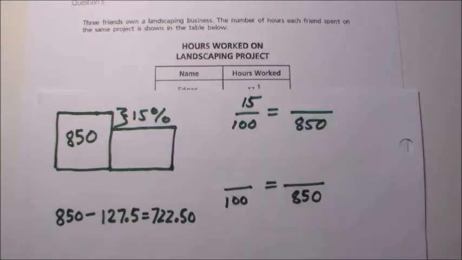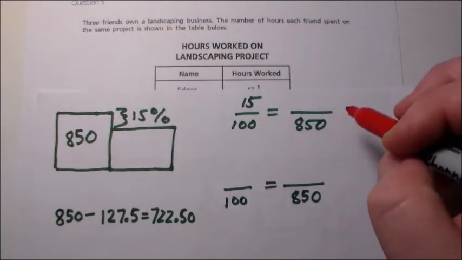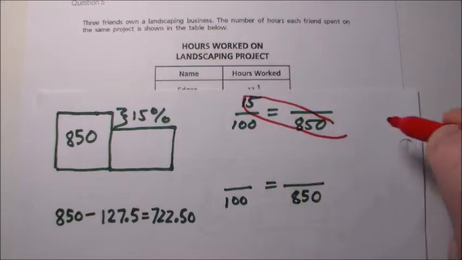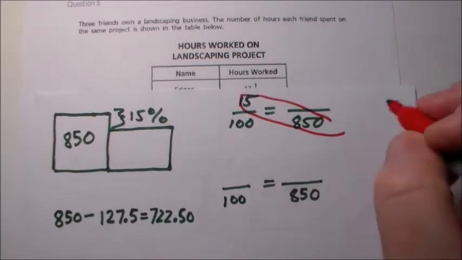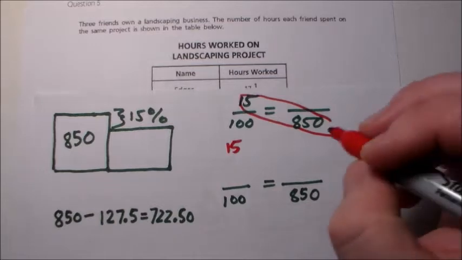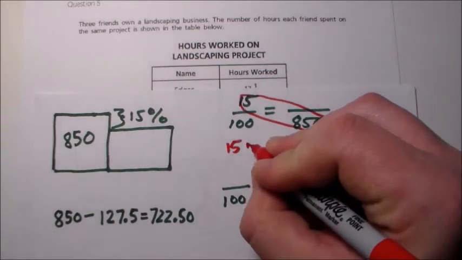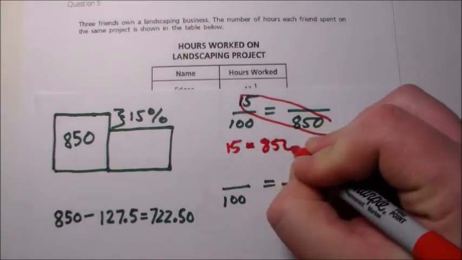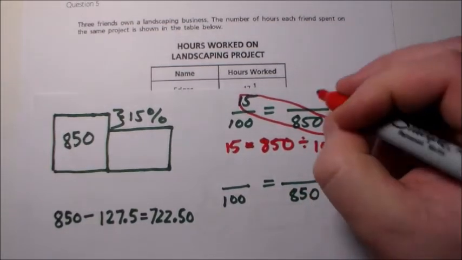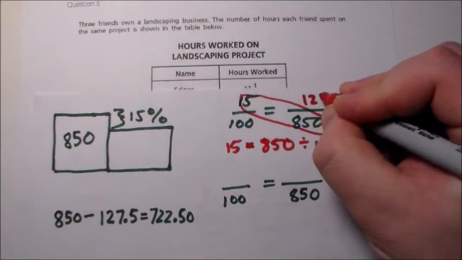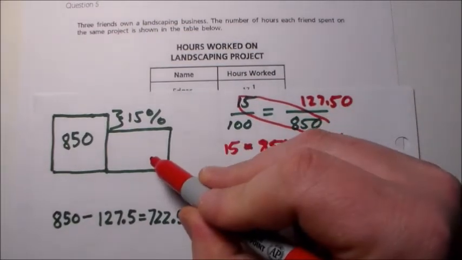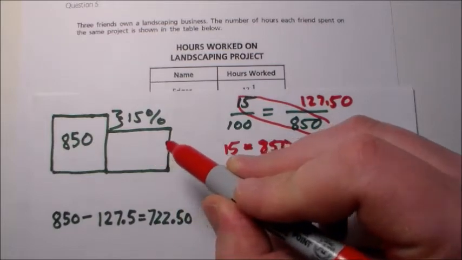So let's start with 850. We need to know how much 15% of that is. We do a little cross multiplication, because it's percent over 100 equals what over 850. We get 15 times 850 divided by 100. Plug that in your calculator, and you come up with $127.50. Does that mean they divide up $127.50?